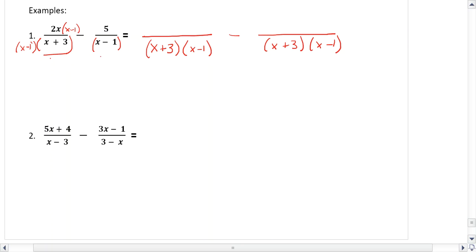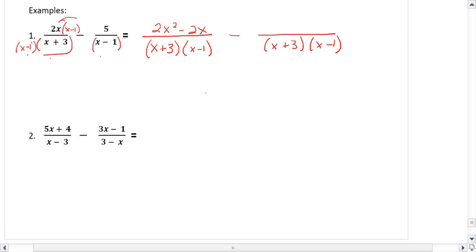Remember, you can multiply fractions by a factor of 1 anytime you want, and we chose our factor of 1 to be x minus 1 over x minus 1. That's what got us our common denominator. And so now I'm just going to go ahead and distribute this. I have 2x squared minus 2x.